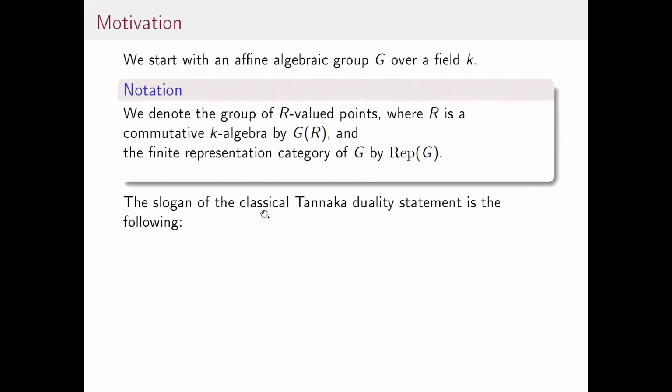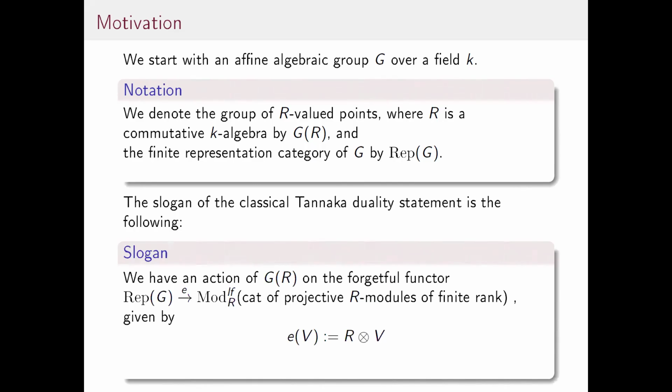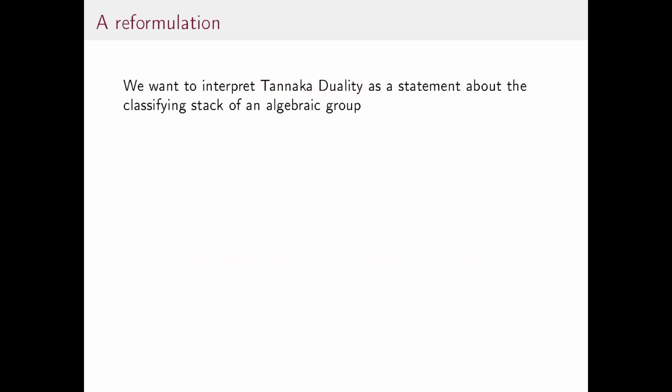For the classic Tannaka duality statement, the slogan is, we have this action of G(R), that is R-valued points, on the forgetful functor from finite representations to the category of projective R-modules of finite rank. You have an action that is given by tensoring R with phi. So you have these R tensor V. The Tannaka duality basically is about recovering this G(R) from this action. That is the basic premise of the classic Tannaka duality.